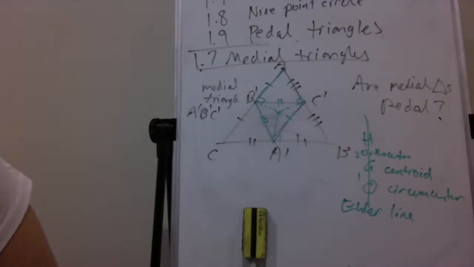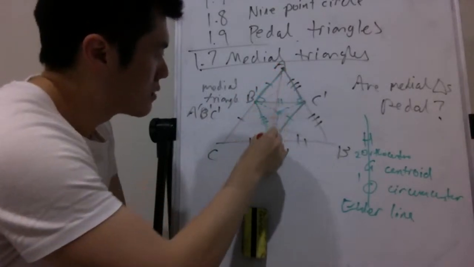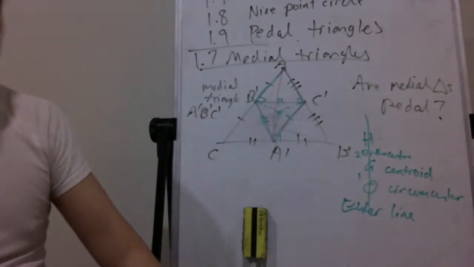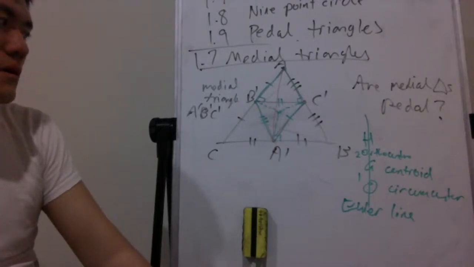So I want to join in the line from A to A prime. Oh, so they're all in line. Oh, the actual medians.